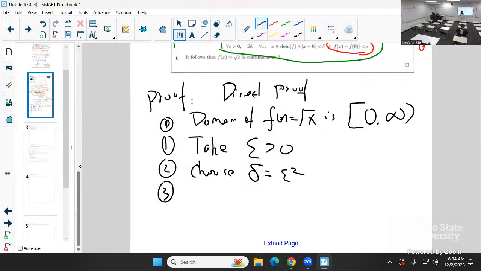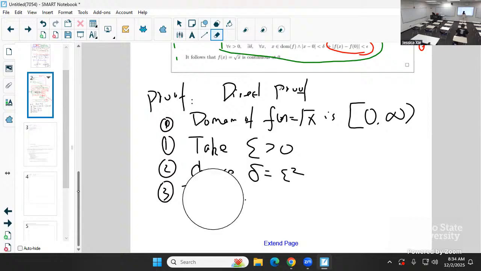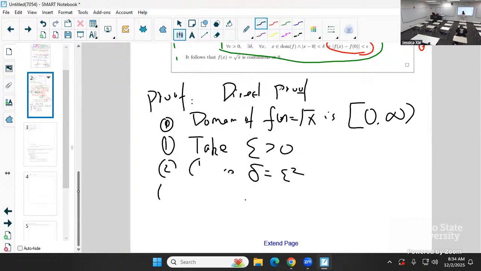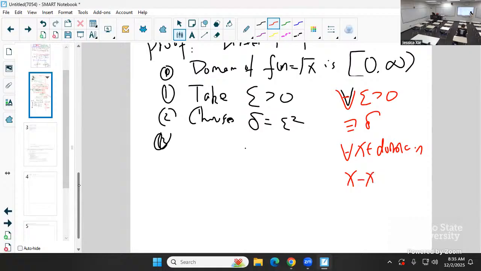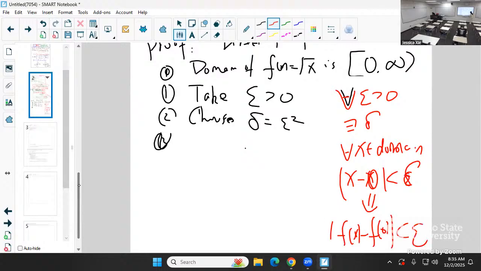Then step 3, let's verify. Remember this definition: for all epsilon, there exists a delta such that for all x in the domain, when |x - 0| is less than delta, we need to show |f(x) - f(0)| is less than epsilon.